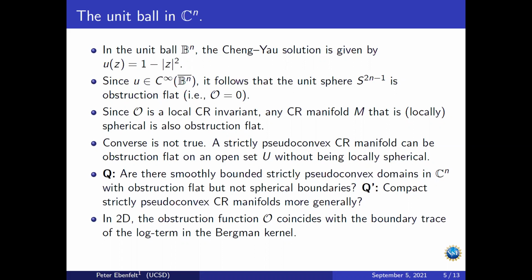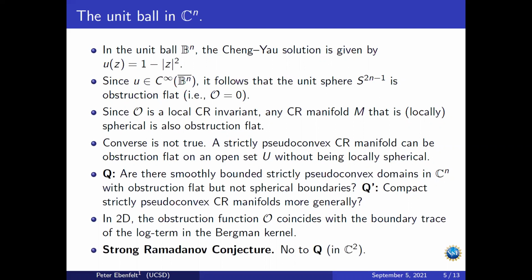Now, this is only true as far as we know in 2D. In higher dimension, there is some relation between the trace of the log term of the Bergman kernel and the obstruction function. As CR invariants, they're equal at the linear level, but we don't know if they're equal completely. But at least in 2D, it's known that they're exactly the same.